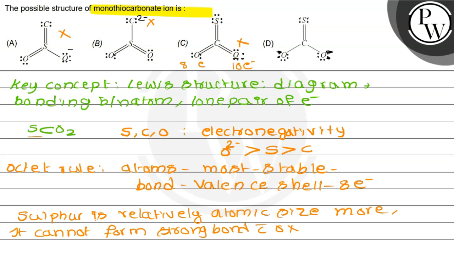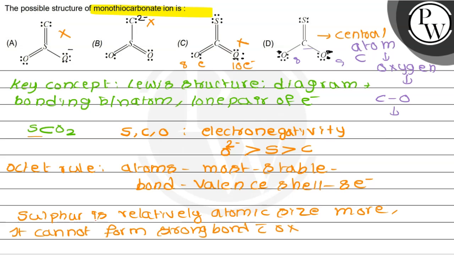Then, observing option D, we see the central atom is carbon. The central atom carbon forms strong bonds, because they are relatively equal in size, so they form the bond nicely. And when we count the electrons around each atom, 1, 2, 3, 4, 5, 6, 7, 8, it obeys the octet. The carbon also obeys the octet with 8 electrons, and sulfur has 1, 2, 3, 4, 5, 6, 7, 8.